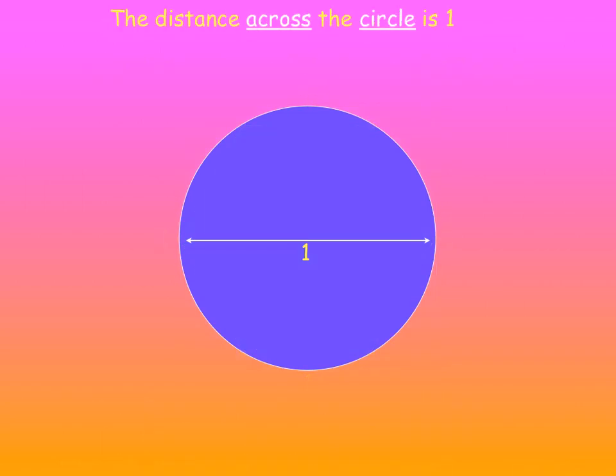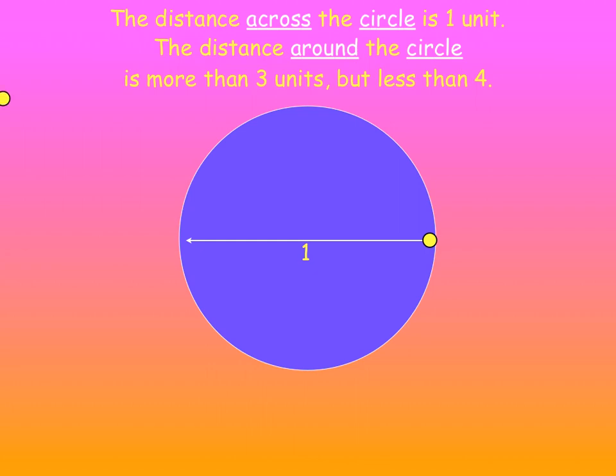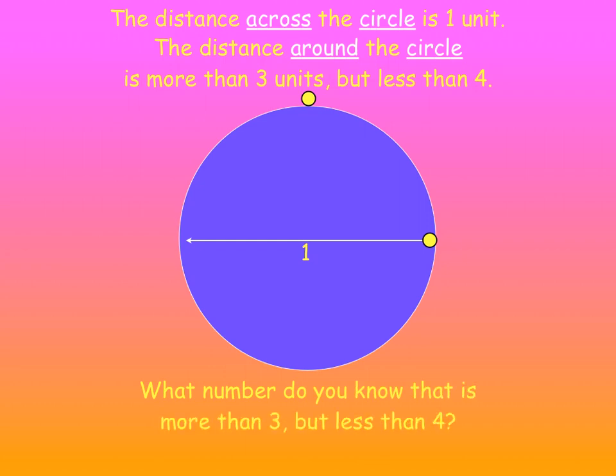So the distance across the circle is 1 unit, and the distance around the circle is more than 3 units, but less than 4. What number do you know that is more than 3, but less than 4?